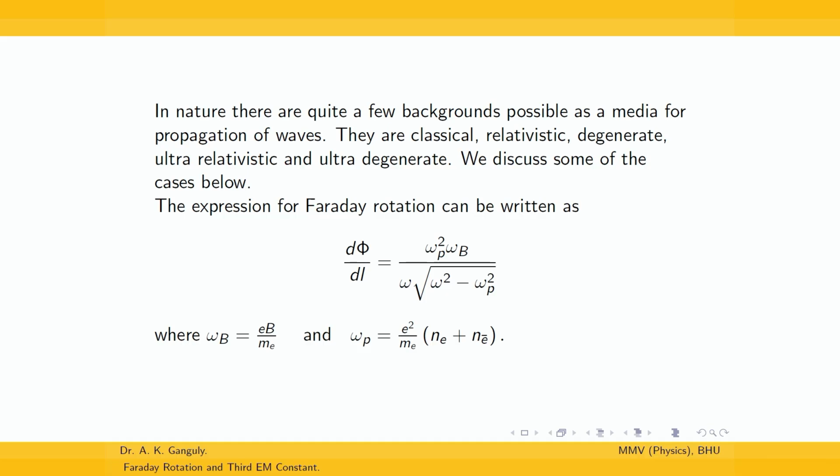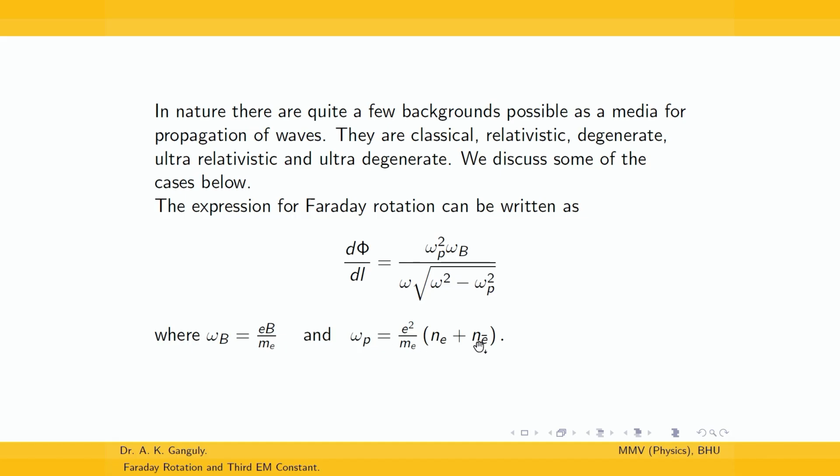So, it is given by the number density of electrons divided by the mass of the electron. So, the dimensionality of the right hand side and the dimensionality of the left hand side, where the vanishing square is taken into account, they match.